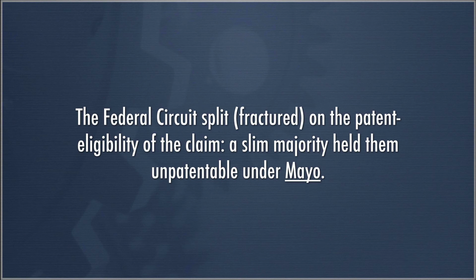A majority, slim majority, actually more like a plurality, held that they were unpatentable, but there were lots of dissents and debates, and nobody really agreed on what the appropriate analysis was, although the plurality used the Mayo decision. The Supreme Court took the case in 2013 and decided it right at the end of its term in 2014.